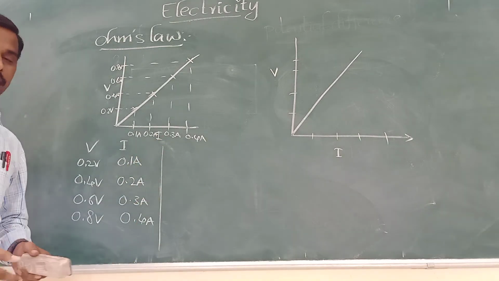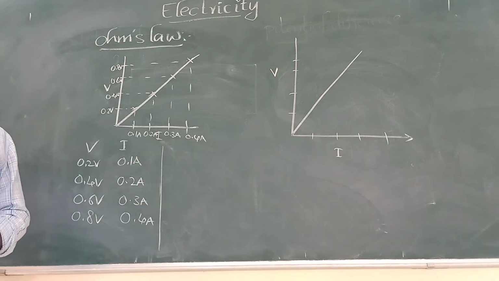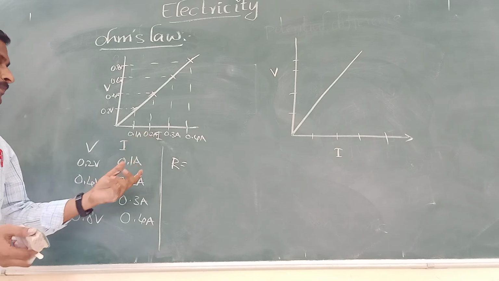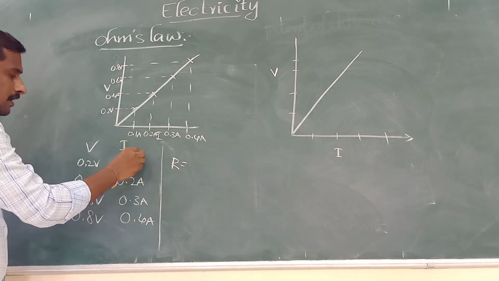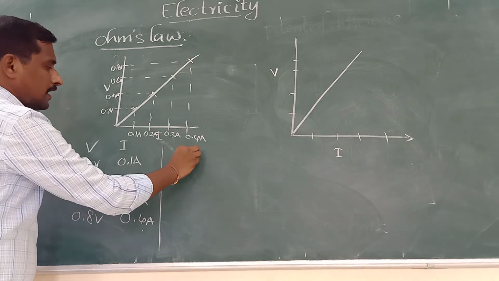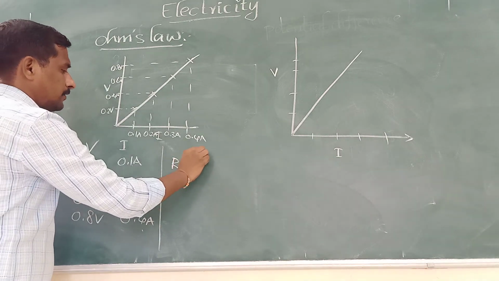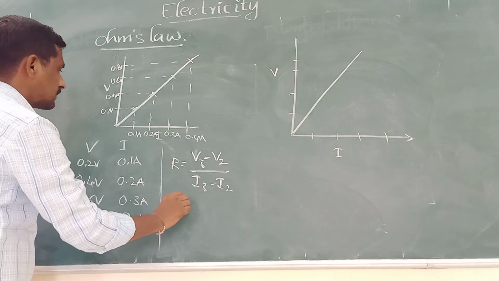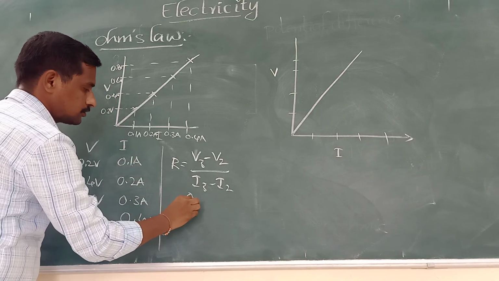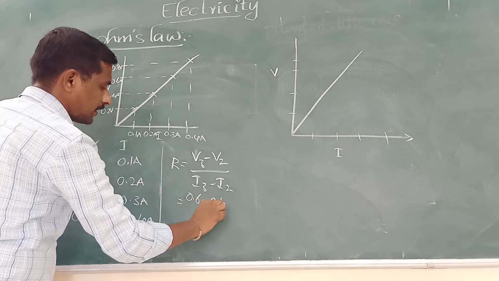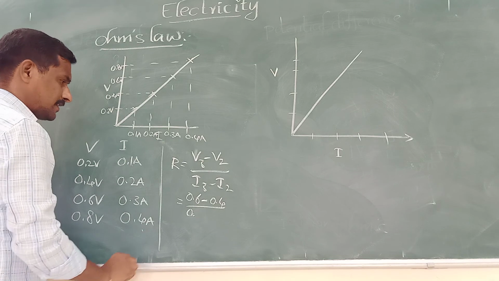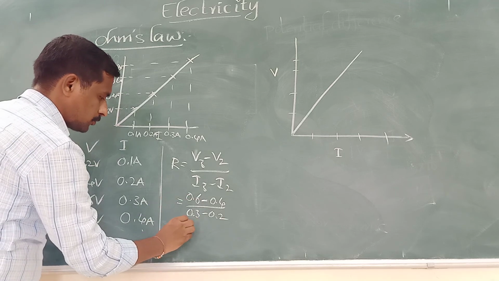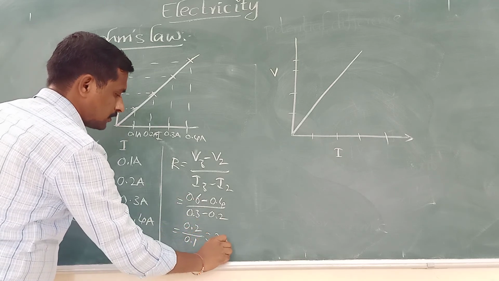From this graph, how will you find the resistance? Using the slope formula, R is equal to, taking any two limits, with currents I1, I2, I3, I4, say I3 and I2: R = (V3 - V2) / (I3 - I2). V3 is 0.6, so (0.6 - 0.4) / (0.3 - 0.2), which is 0.2 by 0.1, meaning 2 ohms.